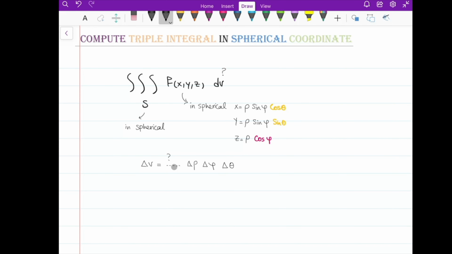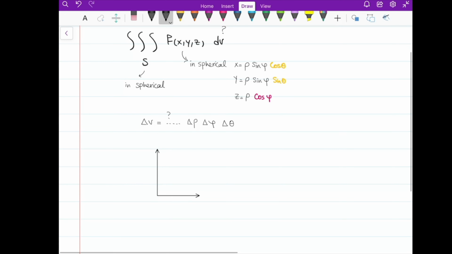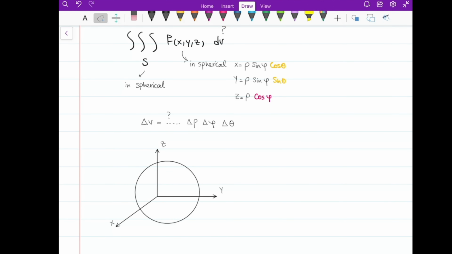For fixing the rho, I'm going to graph a shape, and I'm going to make it big. So I have this shape in here, x-axis, y-axis, and then z-axis. I'm going to fix rho. So I'm basically going to consider a sphere, make it big, of radius a.